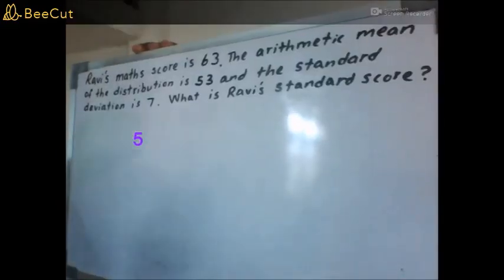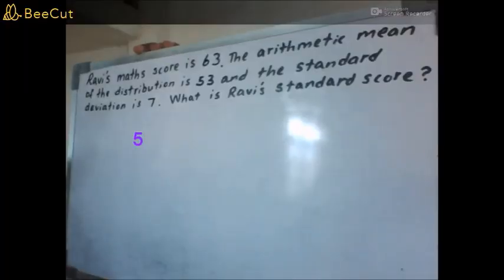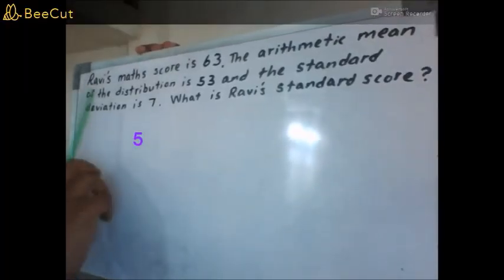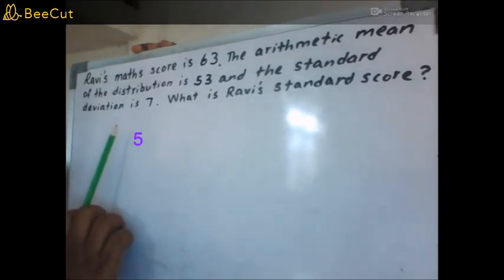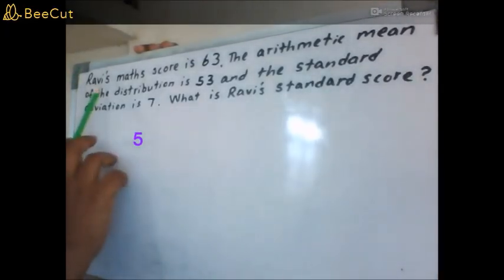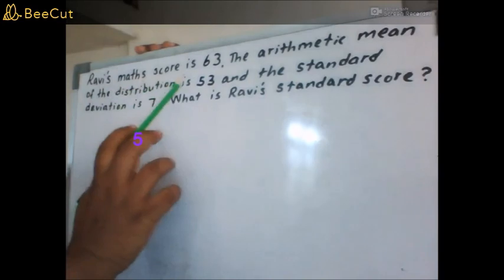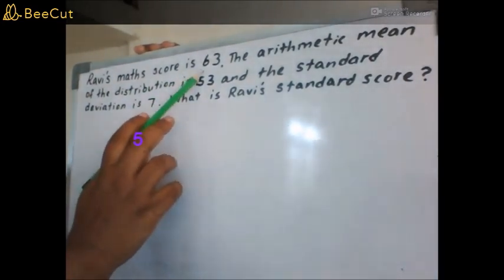Now we'll do the problems related to Z score. You'll get questions like this in the first paper. Ravi's math score is 63, so X is 63.